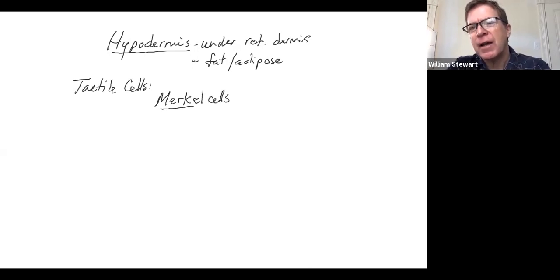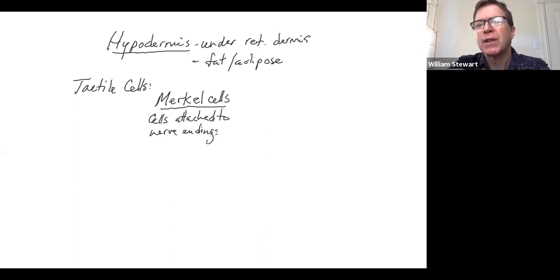These are technically found very close to the junction of the epidermis and the dermis, and so they sort of float around near the deepest layers of the epidermis. These are actually cells that are attached to nerve endings, and these tend to respond to light touch.